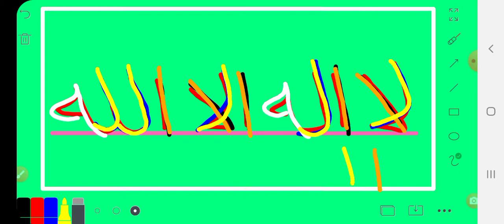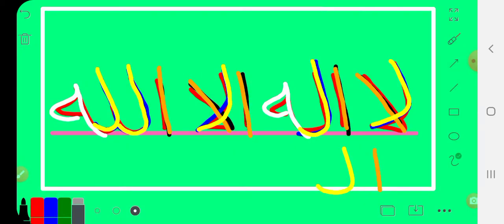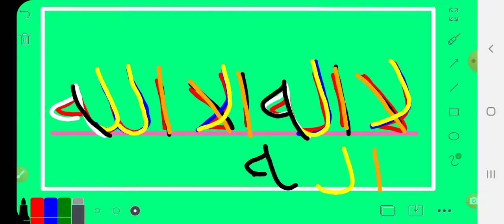So that's the second letter, the lam, and the final letter we looked at was the ha, which we said looks like an h in reverse. So there's one, and there's another one.